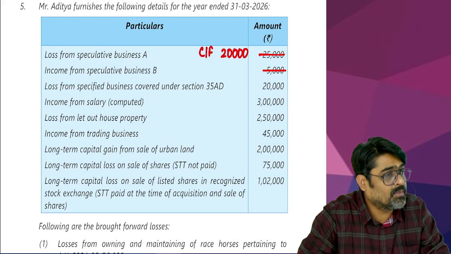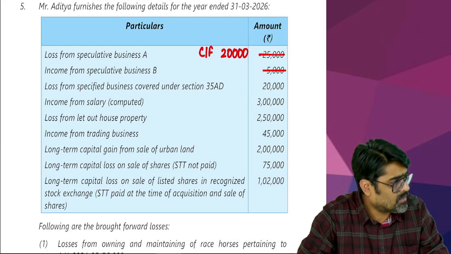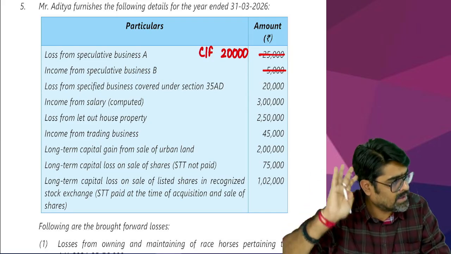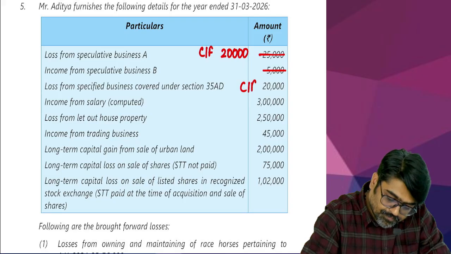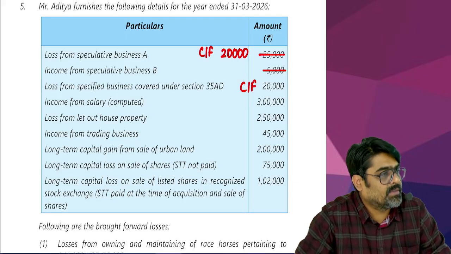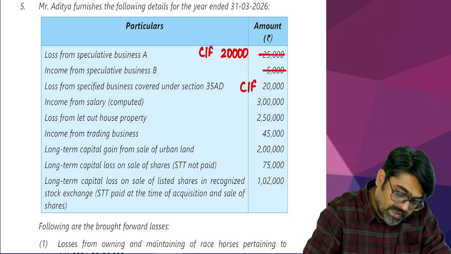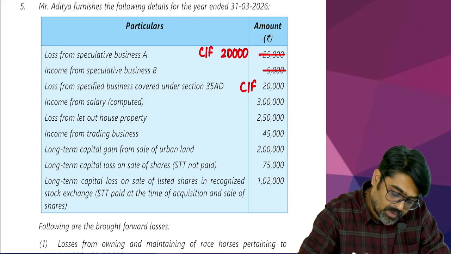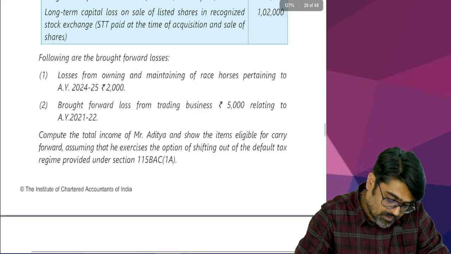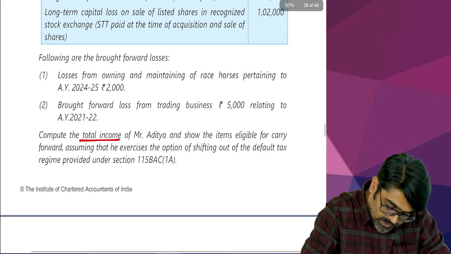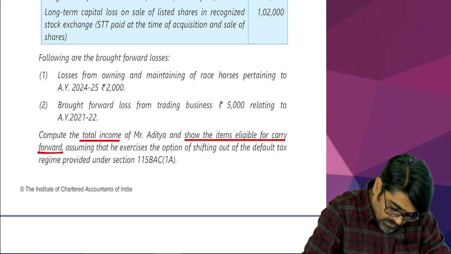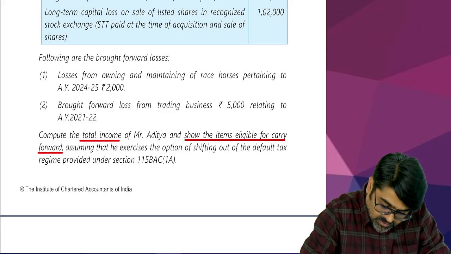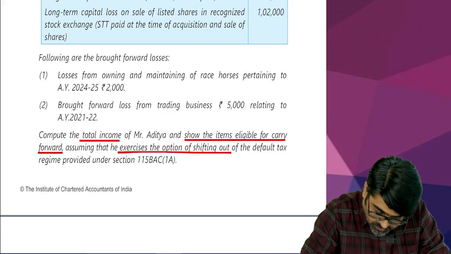Any other speculative business income? No. So can it be set off against any other income? No. Directly carry forward. Specified business, directly carry forward. Because there is no specified business profits. Income from salary, okay. Loss from let out property, 2,50,000. Compute the total income. Show the items eligible for carry forward, assuming that the assessee exercises the option of shifting out.